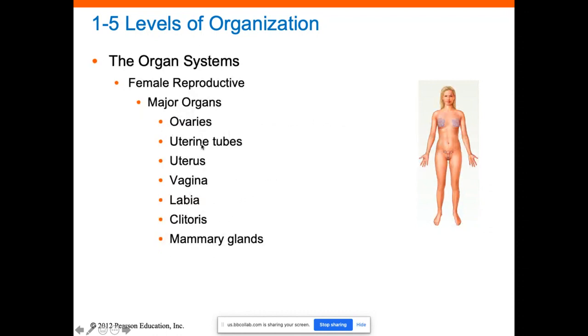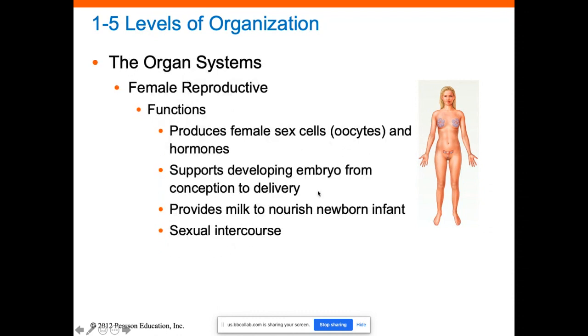For the female, it's the ovaries, the ovarian tubes, aka uterine tubes, the uterus, vagina, labia, clitoris, and mammary glands. The ovary is going to produce the oocyte, which is the primary sex cell.